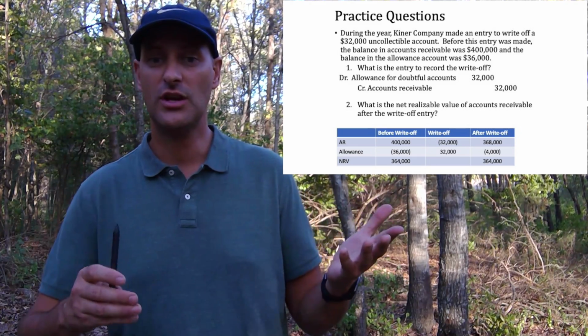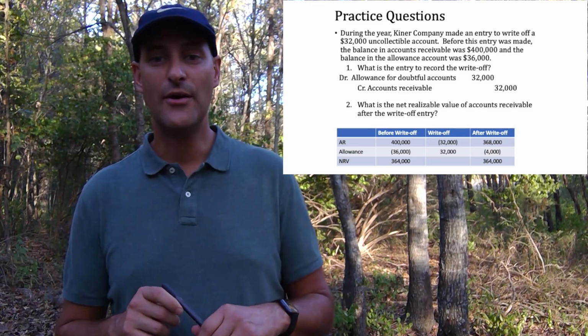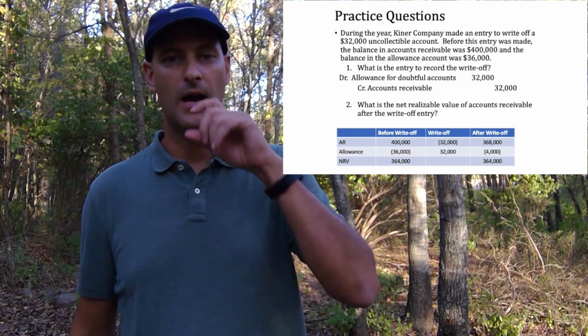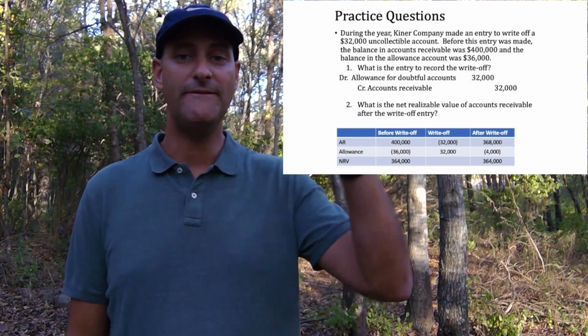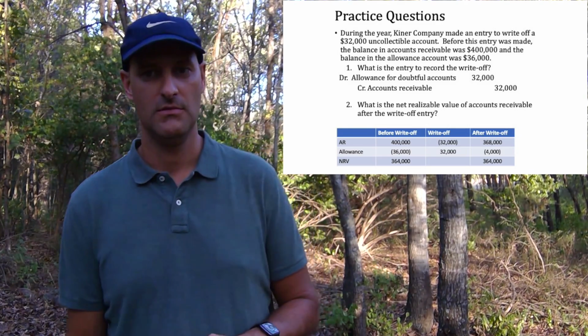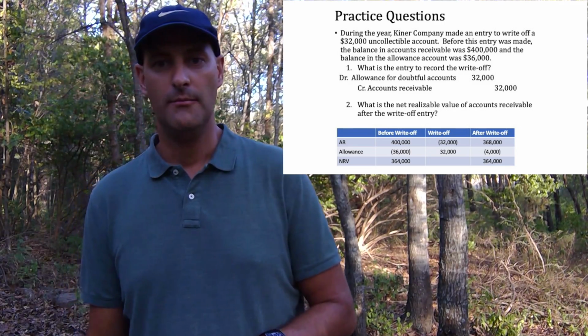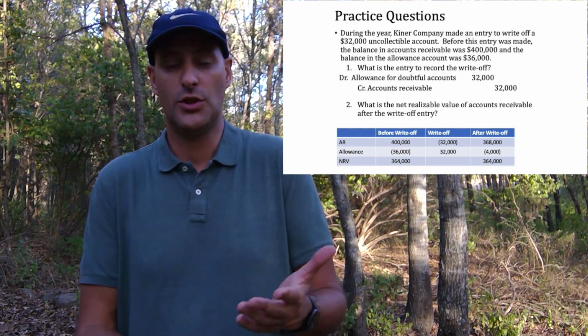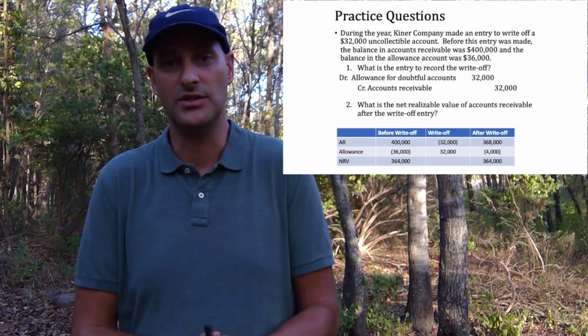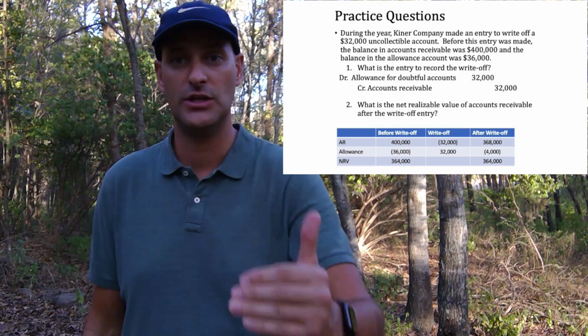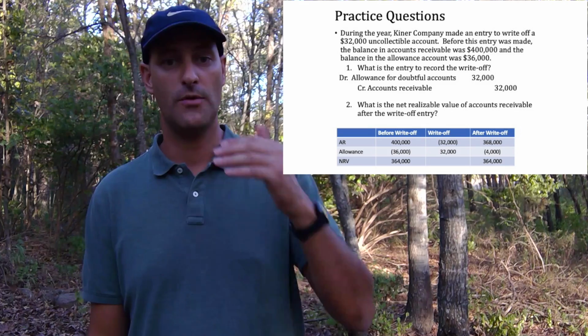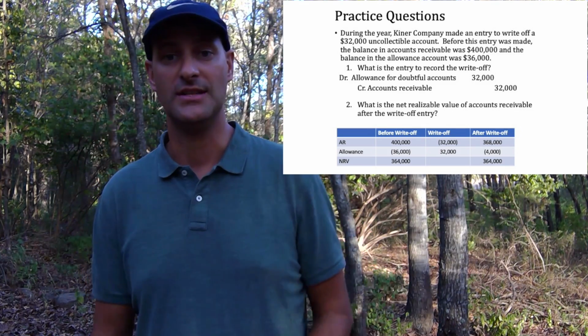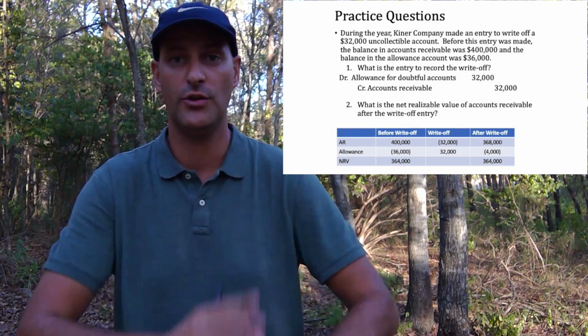That's kind of a trick question. What was the net realizable value of accounts receivable before the write-off entry? Well, before the write-off entry, it was $400,000 minus $36,000, which is $364,000.